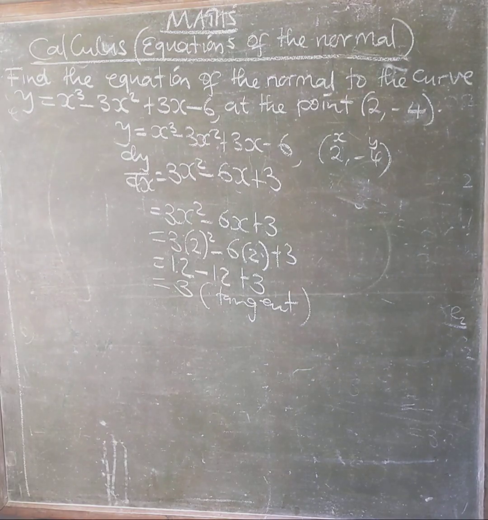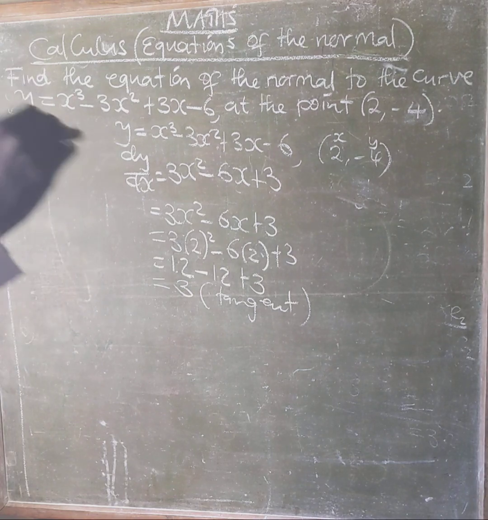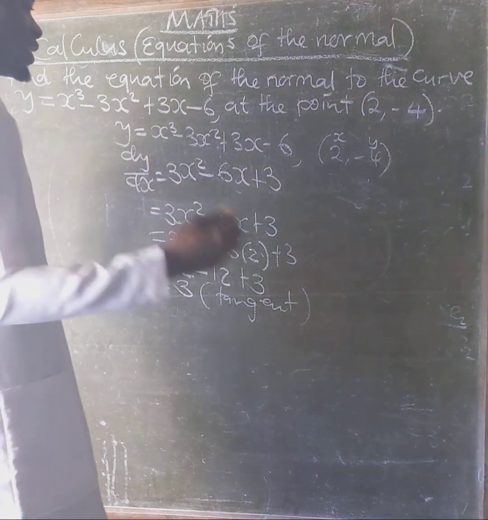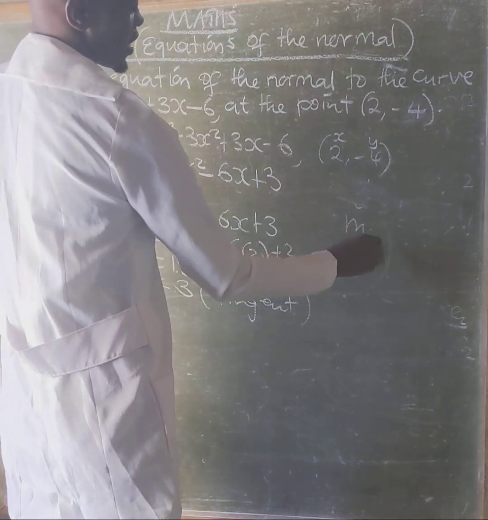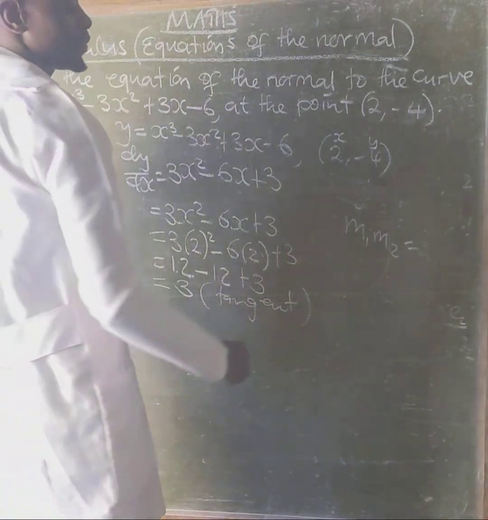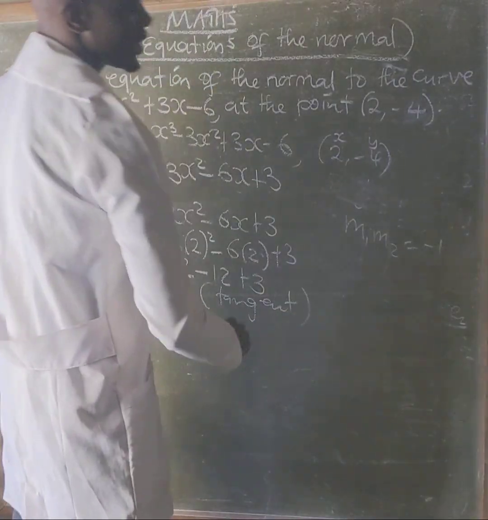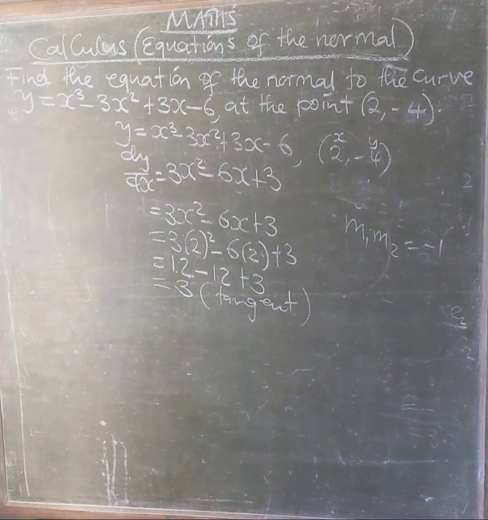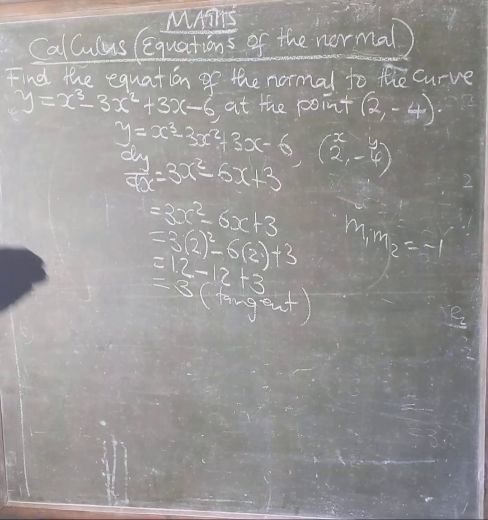But when you talk about the gradient of the normal, the product of the two gradients always gives us -1. So the gradients of lines which are perpendicular, when you multiply gradient 1 by gradient 2, you get -1.